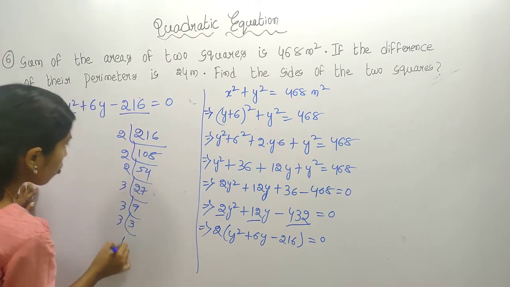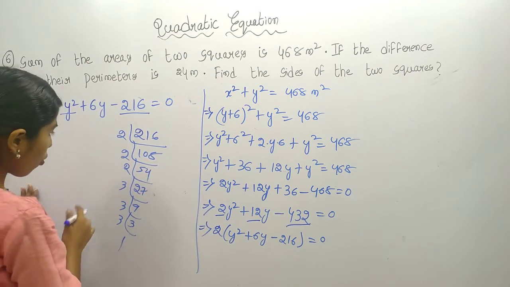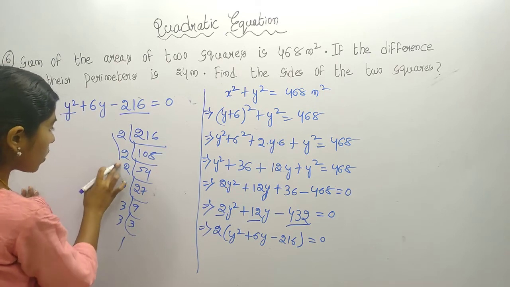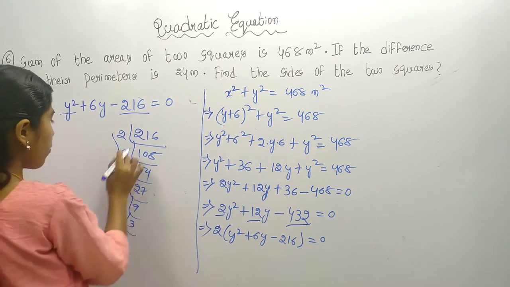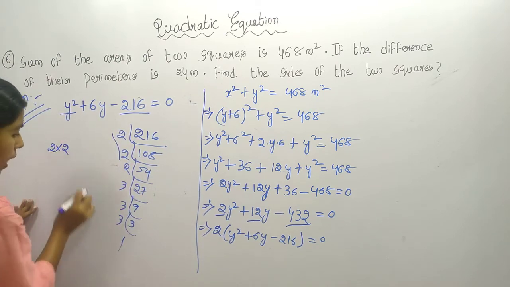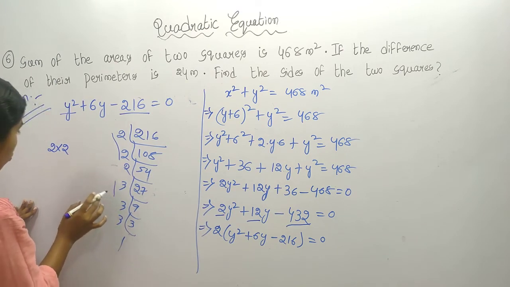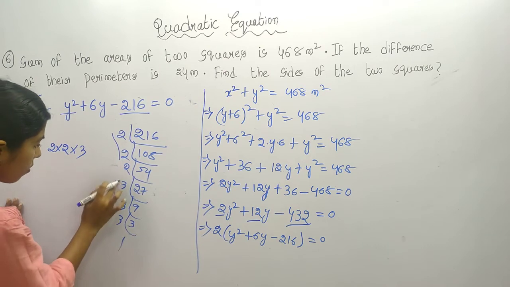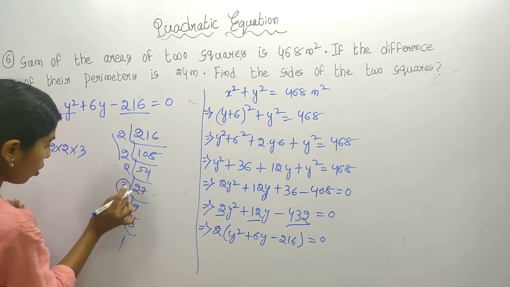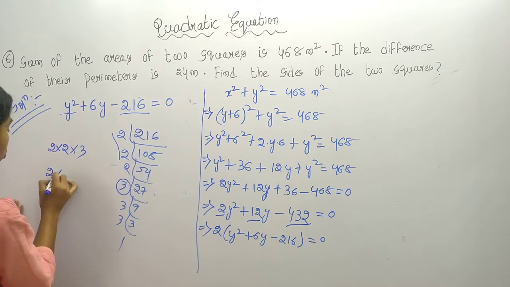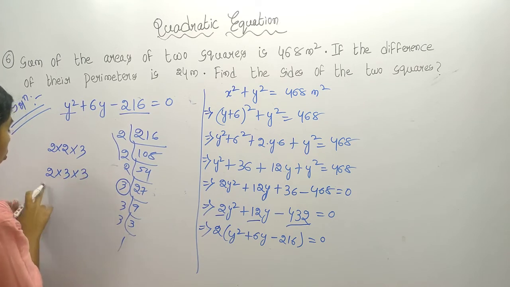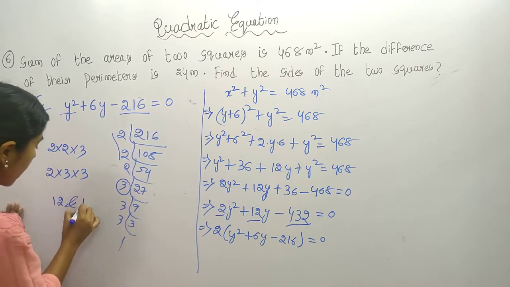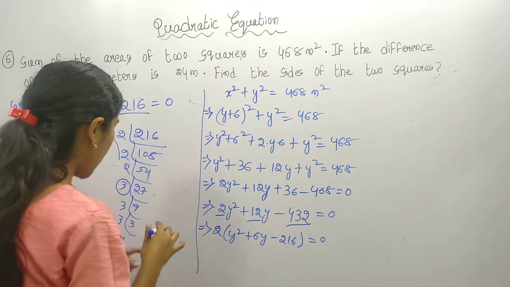So you need 6 factors. From three 2's, we will take two 2's. Again three 3's are there, so you take one 3. 2 into 2 is 4, into 3 is 12. Again, 2 into 3 into 3, so 2 into 3 into 3 is 18. So 12 and 18.